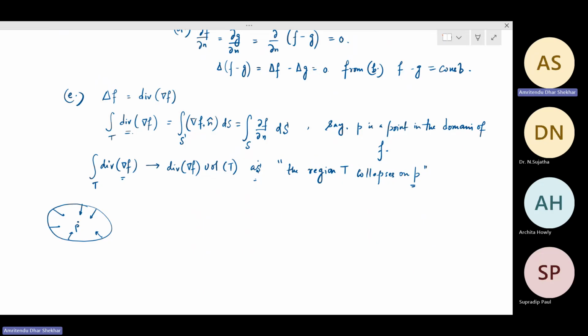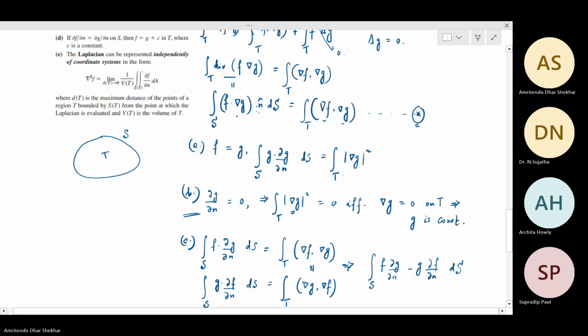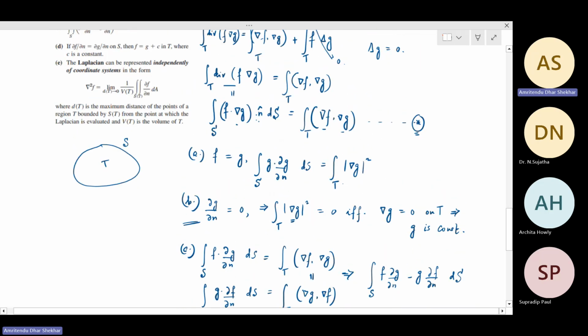And so basically you can write the divergence of grad of f at this particular point P as this limit term.